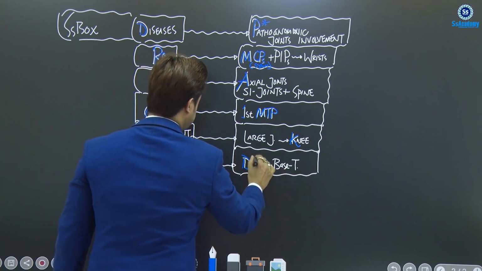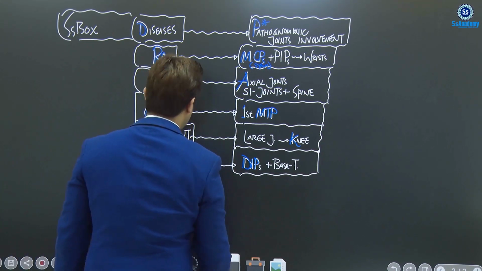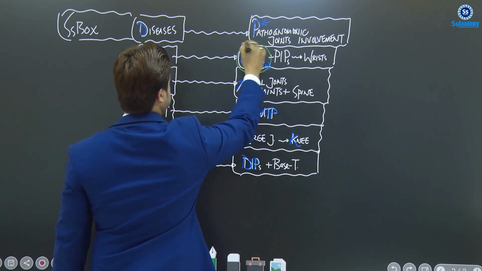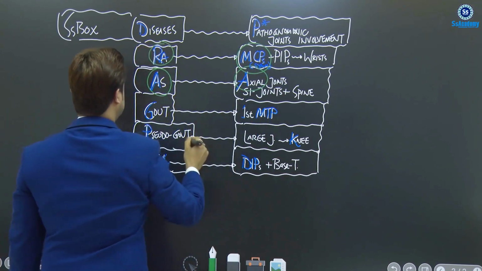So this is very important, and I'm revising once again. Rheumatoid arthritis, the MCPs, the metacarpophalangeal joints. Ankylosing spondylitis, axial joints.